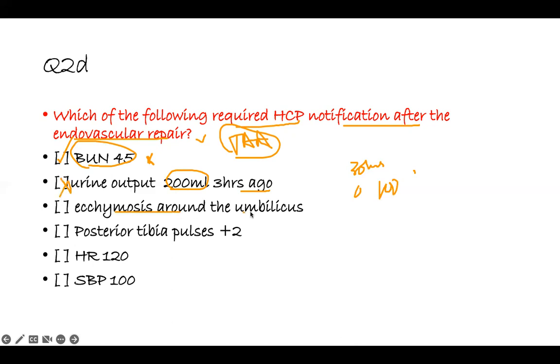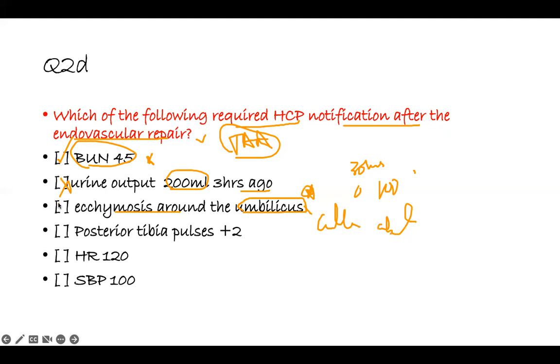Ecchymosis around the umbilicus. This is Cullen's sign, but you see this when the problem is in the abdomen, not in the chest. Sometimes it depends on how big the thoracic aneurysm is. This can happen, but most of the time the fluid stays in the chest. It is possible, depending on where the aneurysm is located.